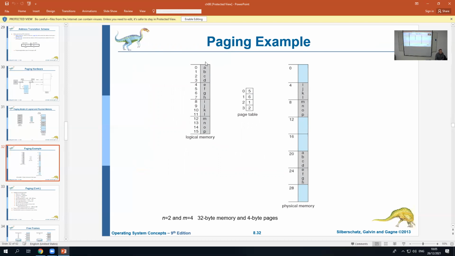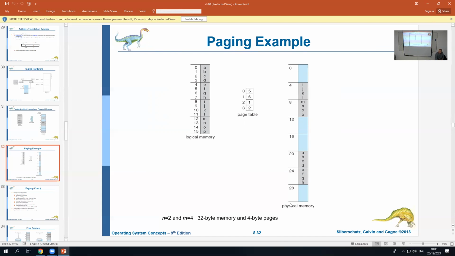This process has memory pages A, B, C, D until P. He can't get to this page in blue here, this page 16, because to get to any memory, he has to go through the page table, and the operating system is controlling that. No matter what jump he tries, 100 forward, to get to the next program, it's impossible, because the page table limits him to certain places.